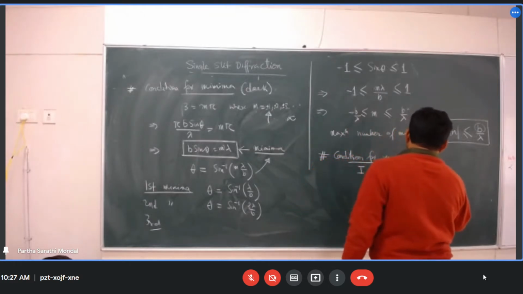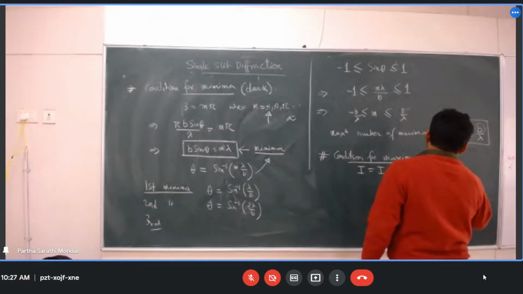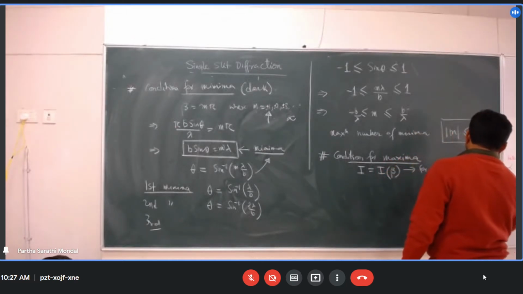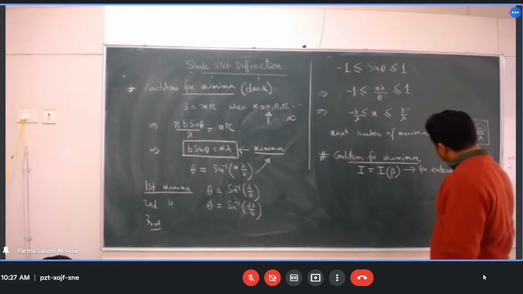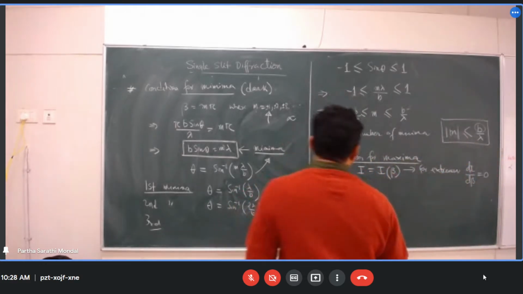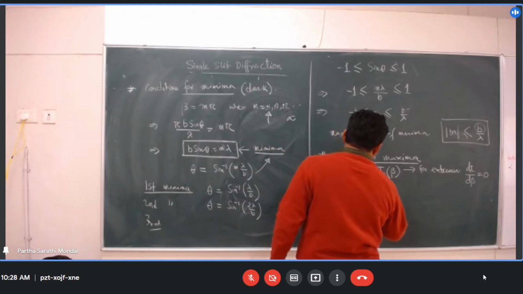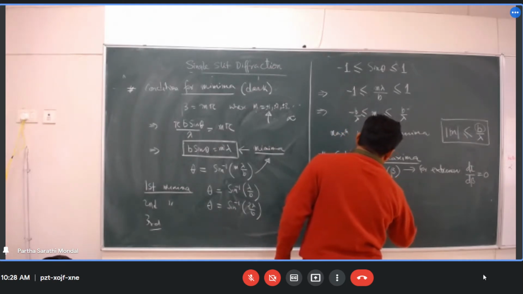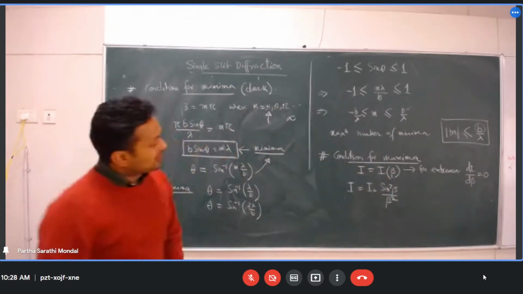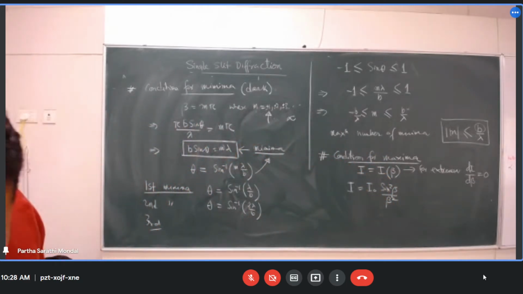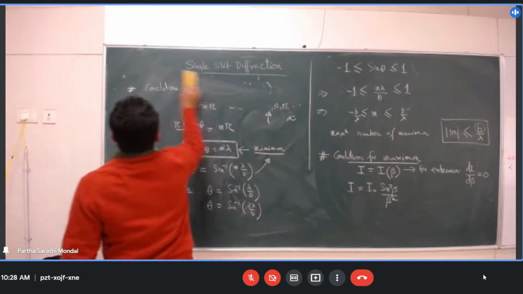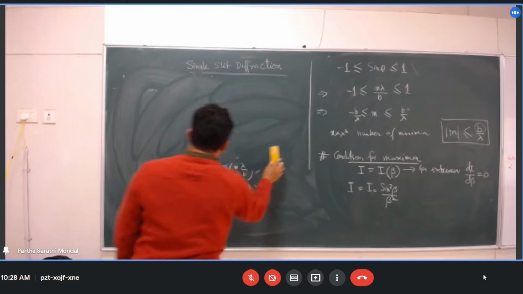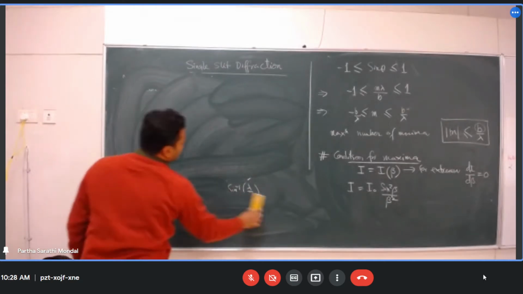So for an extremum, as we have studied in mathematics, dI by d beta should be 0. Now I is I0 sine square beta divided by beta square. We will find dI by d beta and see what solutions we can get for beta. If you get beta, you will find theta.